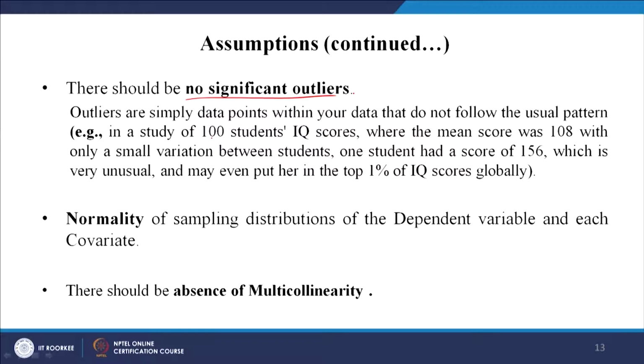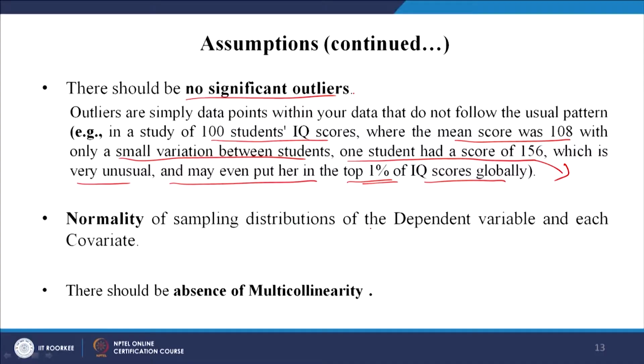In a study of 100 students' IQ scores, the mean score was 108 with only a small variation between the students. One student had a score of 156, which is very unusual and may even put her in the top 1% of IQ scores globally. Now this is an outlier. If this outlier is justified, if somebody really is a genius, no issues, but generally such outliers will distort the whole statistics.